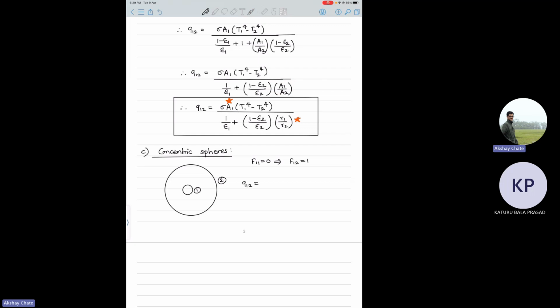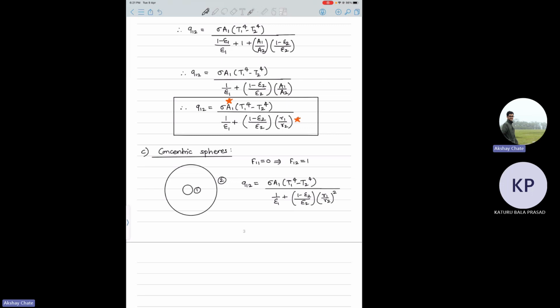Since it's a sphere, area is proportional to the square of the radius, so nothing changes, the formula is the same: sigma T1 to the power 4 minus T2 to the power 4, divided by 1 by epsilon 1 plus 1 minus epsilon 2 by epsilon 2 into R1 by R2 whole square.